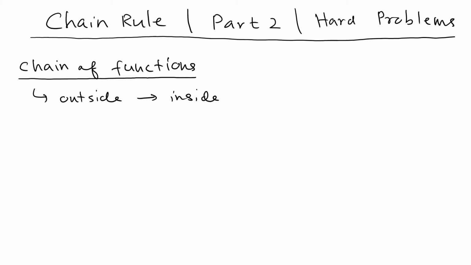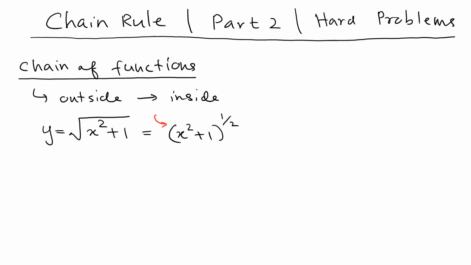So let's look at y equals square root of x squared plus 1. You can rewrite this as x squared plus 1 to the 1/2 power. So we can write the chain now. The most outside function is clearly the square root function.